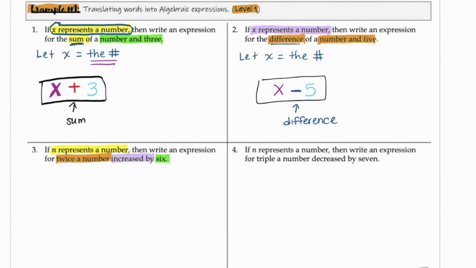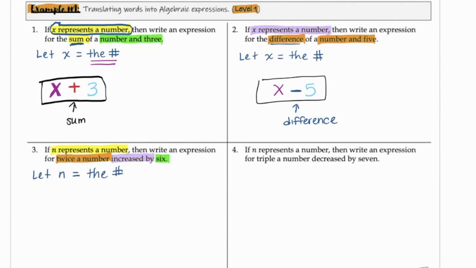Start with our easy part, our let statement. Let this time n represent the number. So n equals the number. Okay, again, they're telling me what it is. So don't change it to an x. If they say n, if they say b, if they say w, whatever they tell you, that's the number that you must use as your variable.